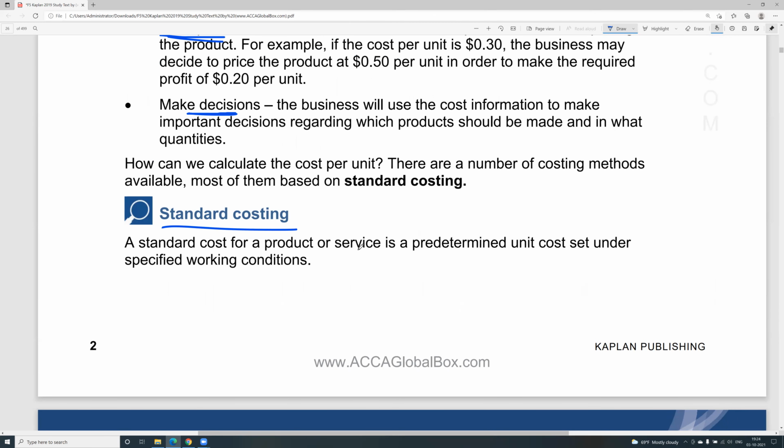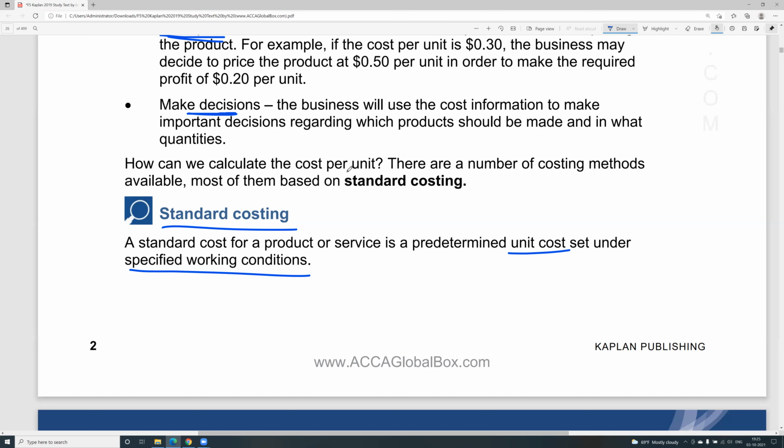Now, a standard cost for a product or service is a predetermined unit cost set under specified working conditions. You are setting a standard cost. Now, understand this. The standard cost you are setting is nothing but an estimate. You are estimating it, calculating it, and putting it forward. It's not a cost that has already happened or a previous cost.